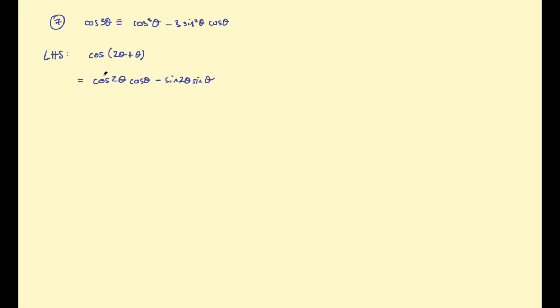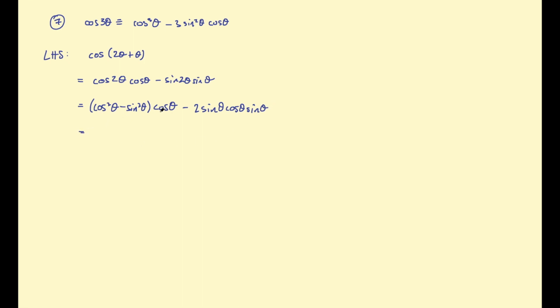And now we want to substitute something in for cosine 2 theta and sine 2 theta. So which identity to use for cosine 2 theta? Well, because we end up with a cosine cubed, that leads me to believe that I want to use the cosine squared theta take sine squared theta identity. So substituting that in for cosine 2 theta, and then sine 2 theta is 2 sine theta cosine theta times sine theta.